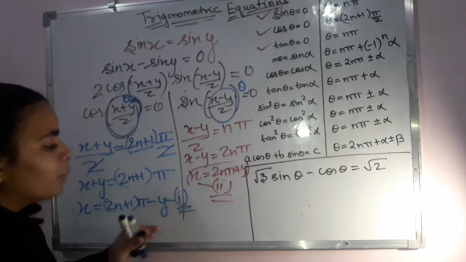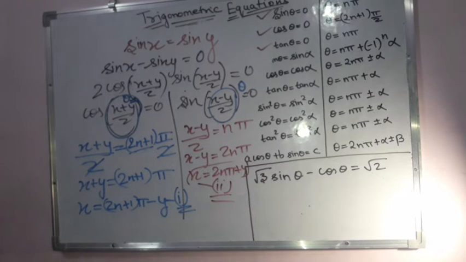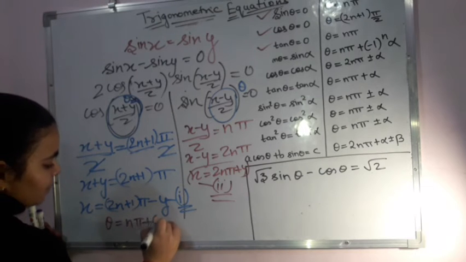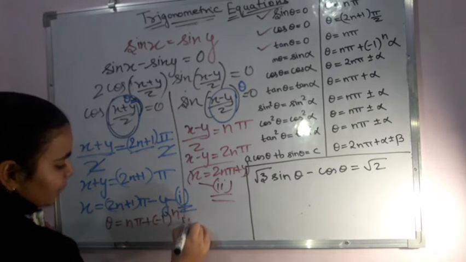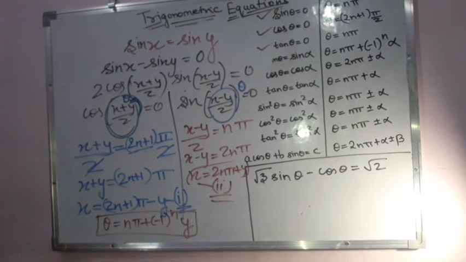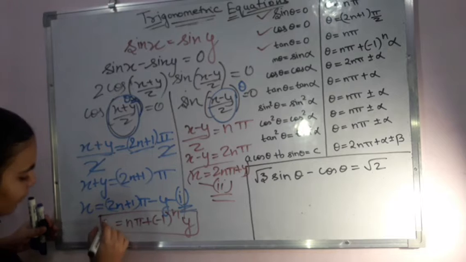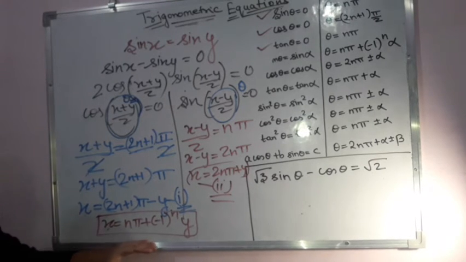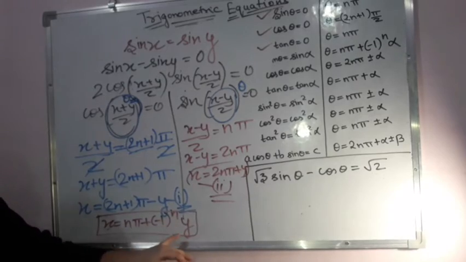Now when I combine both of these equations, you can combine them yourself, and you will finally get that theta is equal to n pi plus (minus 1) raised to the power n into y. In place of theta we will have x over here, because in the question we had x. So x is equal to n pi plus (minus 1) to the power n y.